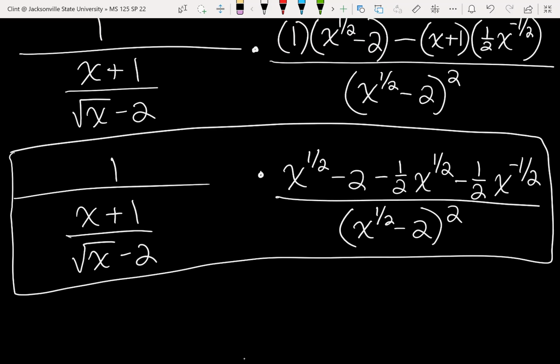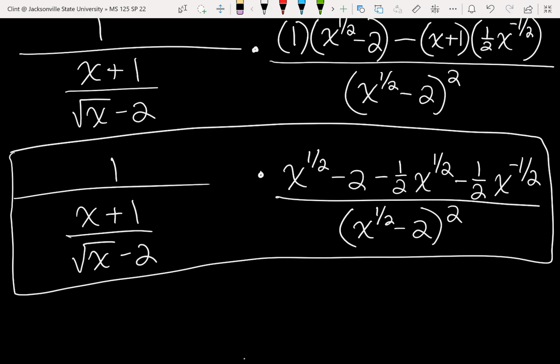Maybe something cancels out in there somewhere, but I'm not seeing it. Oh yeah, I do see one thing. On the bottom, if we multiply these two things together, we'll have square root of x minus 2 squared over square root of x minus 2, so one of those will cancel. But that's not all that life-changing.